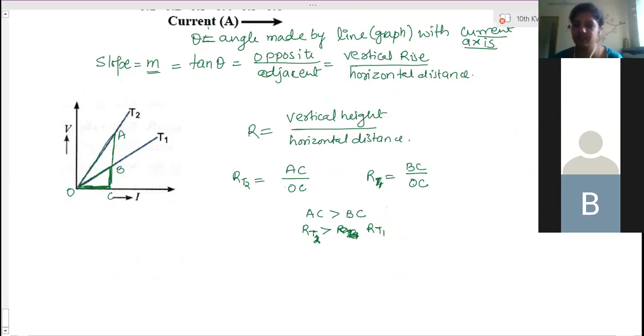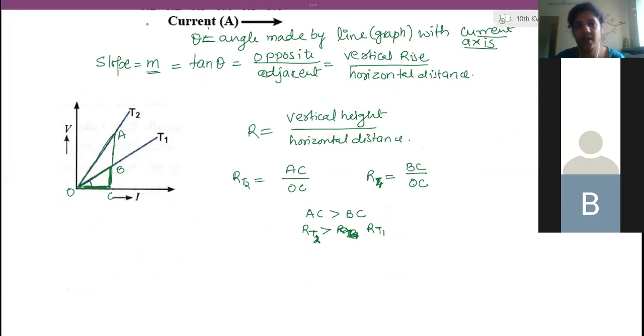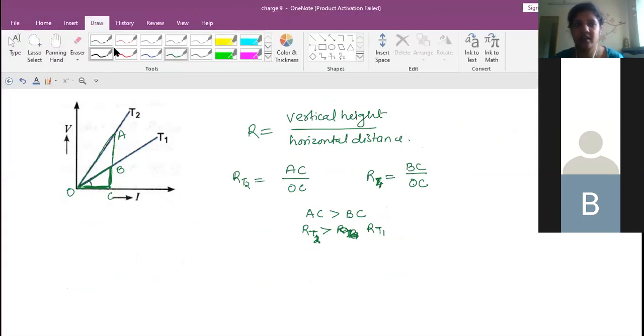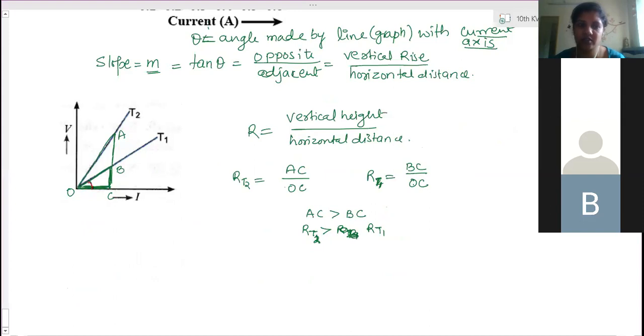Or you can calculate by the second method: measure the angle with the current axis. So this is theta 1 and this angle is theta 2. The slope is equal to tan theta 1.